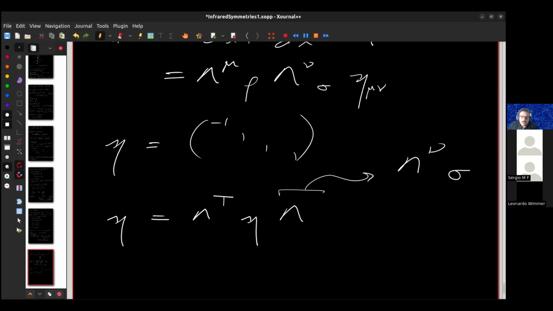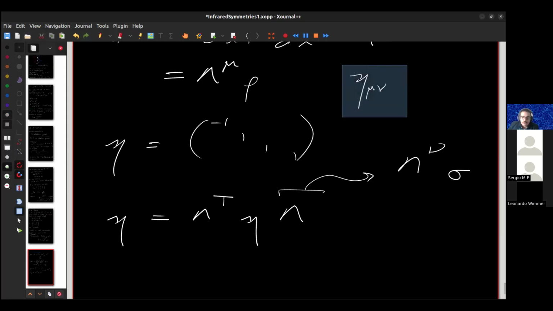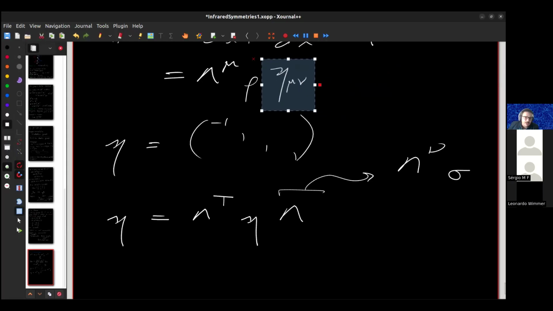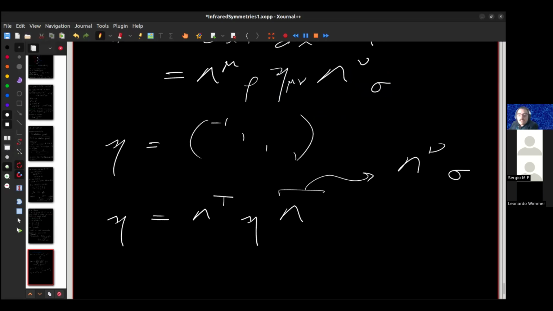Okay, so the way I can see this is I'm going to rewrite this a little bit, just move things around, but I'm not really going to change the expression in any significant way. So you see, I am contracting this one with this one, and this one with the other one. Since this here is in the reversed order and it's a transpose, this one here is just the matrix itself.